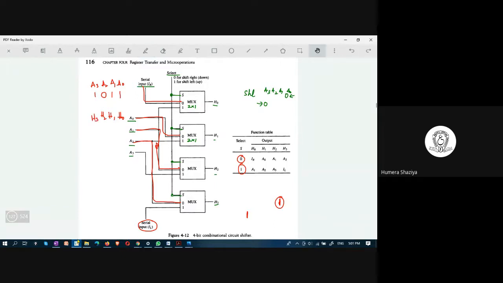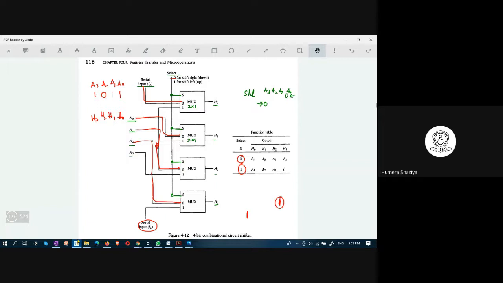Now, when will this circuit function as left shift? When the select is 1, it is left. When the select is 0, it is right. Okay, let us consider select 0 first. Select 0 means it is right shift.